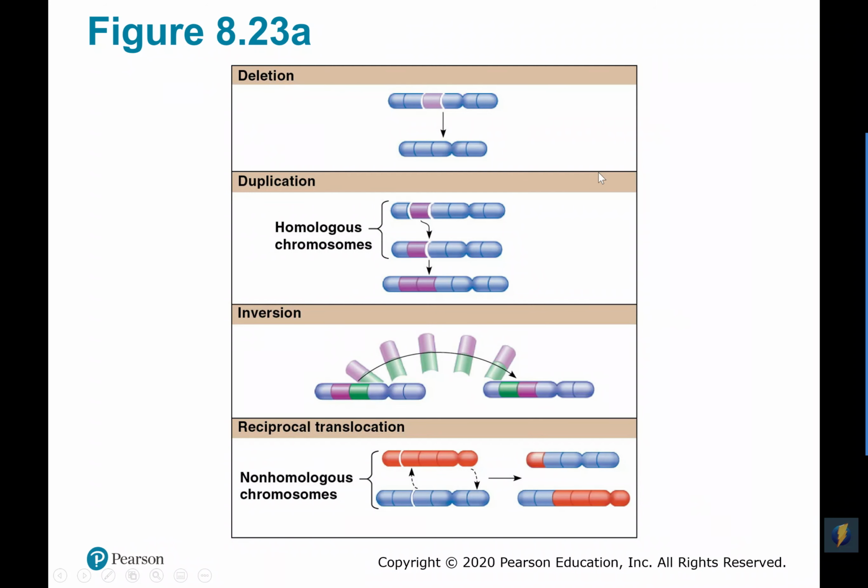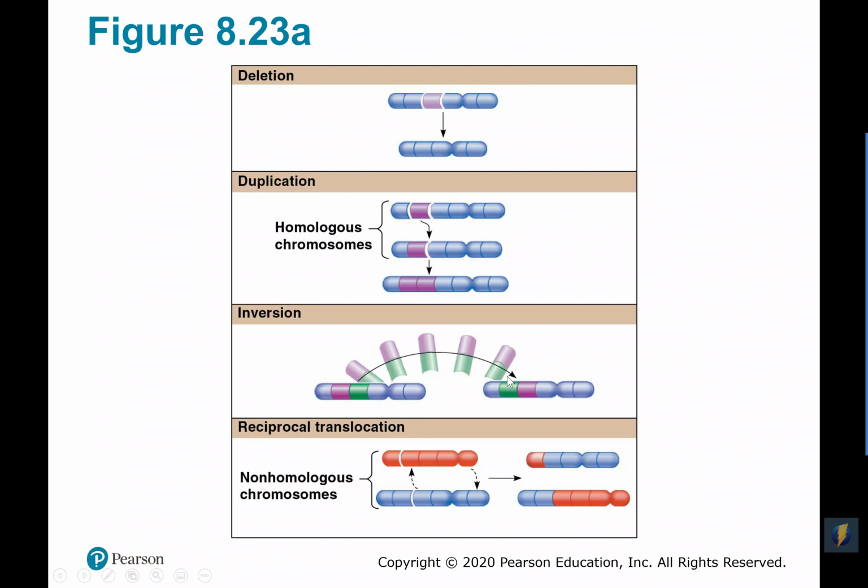For instance, a deletion occurs when a particular locus and a particular gene is just left out. It's not included, so they're lacking some trait. Duplication is when the chromosome is doubled, so it's extra. That can affect things and lead to some genetic disorders.